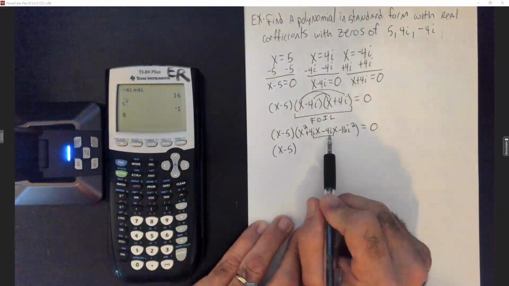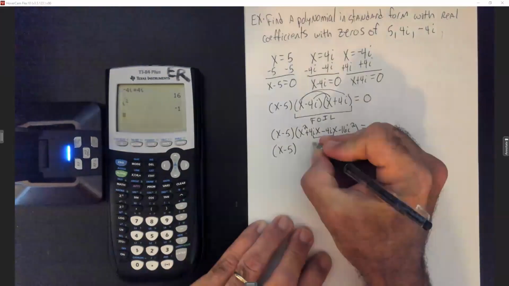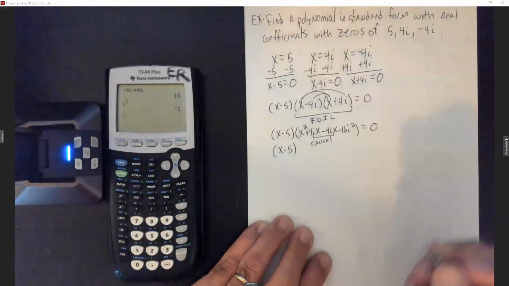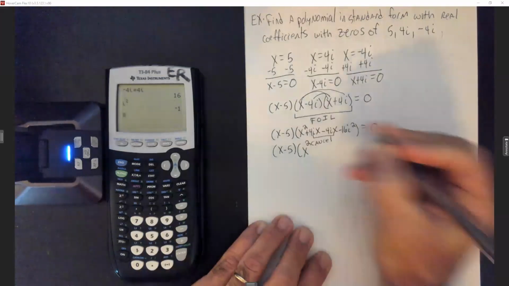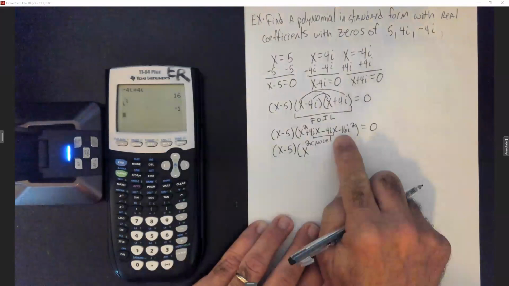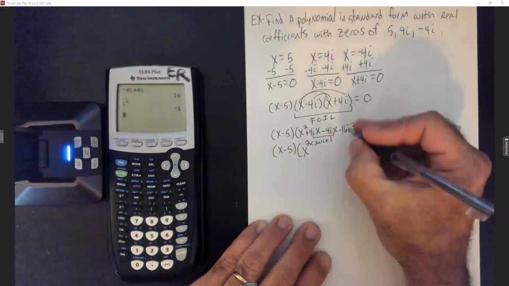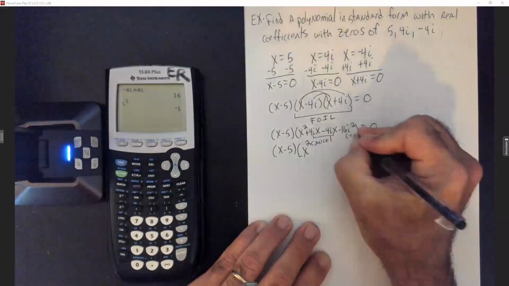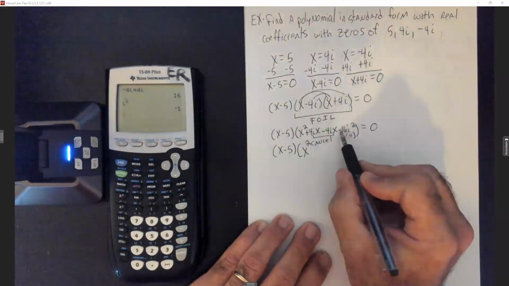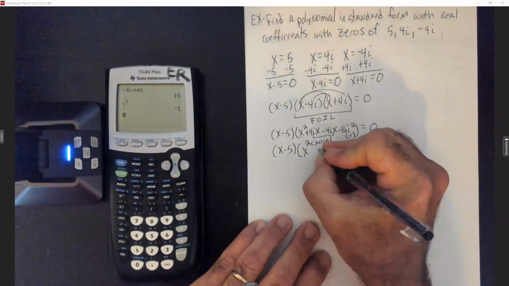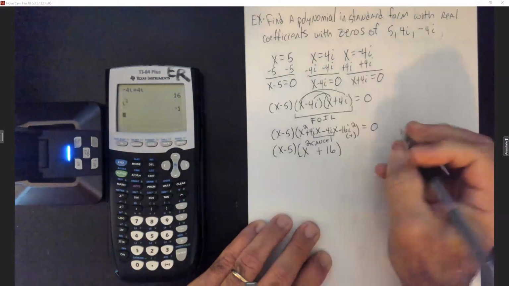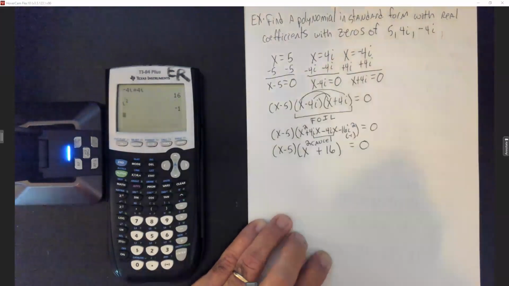Those are going to cancel. Okay? So what we'll bring down is the x squared, negative 16i squared. Remember, i squared equals negative 1. So that's really negative 16 times negative 1, which will make that a positive 16. And all this is equal to 0.